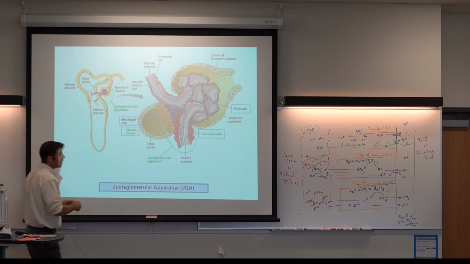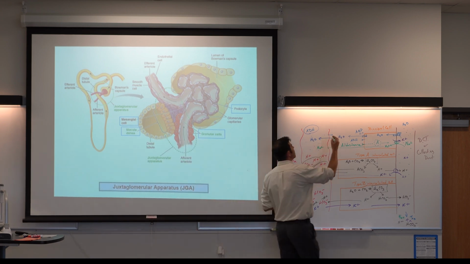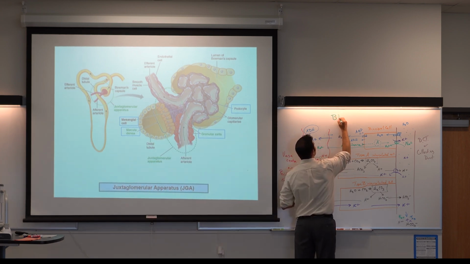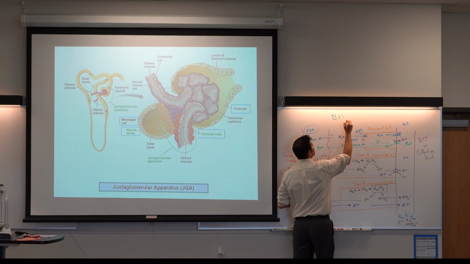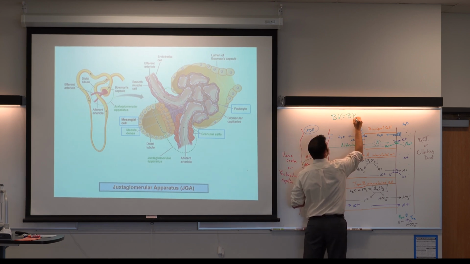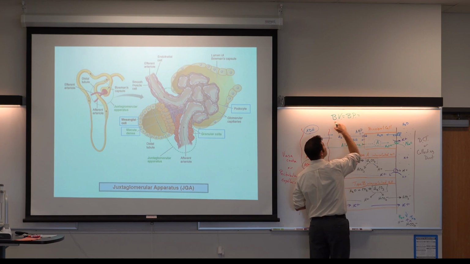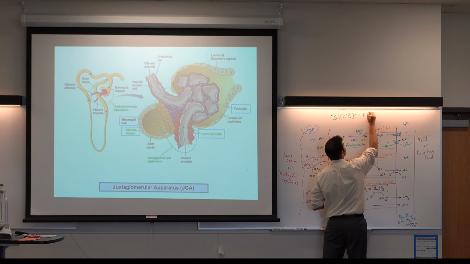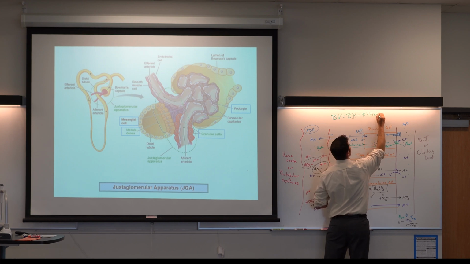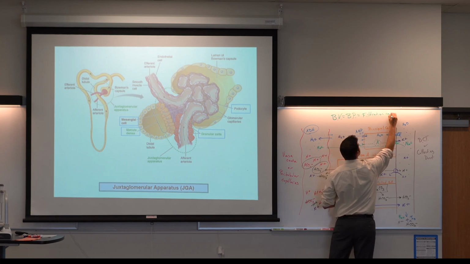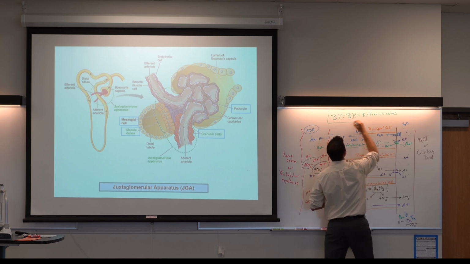I know we've put on the board before that blood volume is directly related to blood pressure. But now that we're talking about kidney and filtration rates, we can add one more thing. We can say blood volume and blood pressure, these are all directly related to filtration rates. So all directly related to one another.